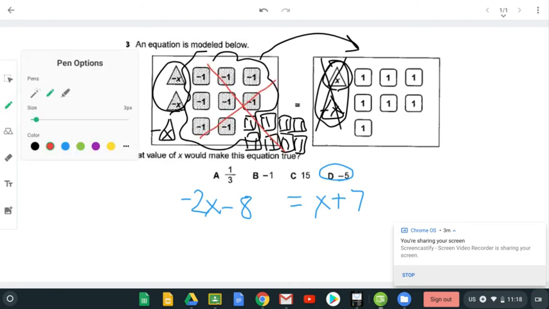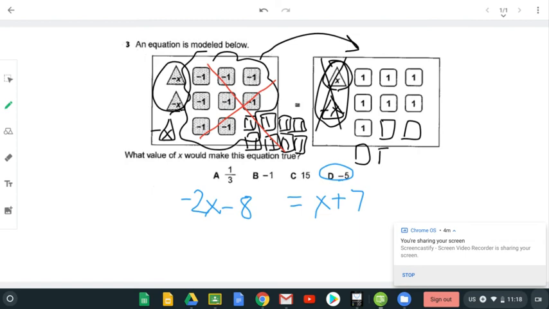Now, with the 8 that I just came up with, I have to add it to the other side as well. So 1, 2, 3, 4, 5, 6, 7, and 8. And then here are my ones right here. Now what I have to figure out is, okay, I've got 3 negative x's over here that represent a triangle.